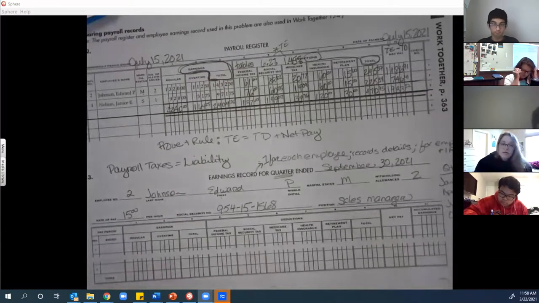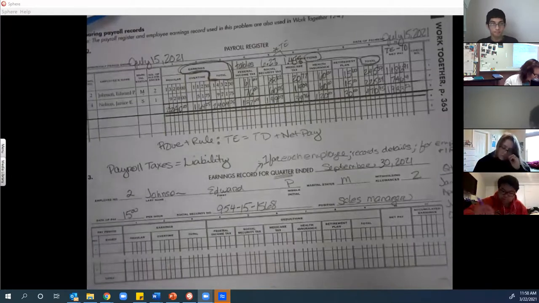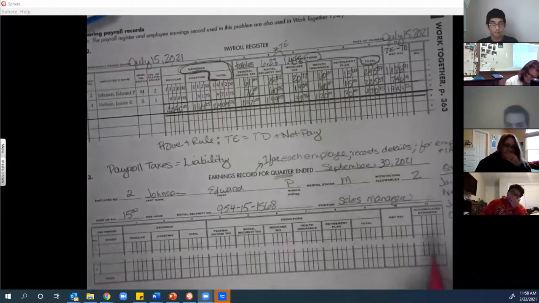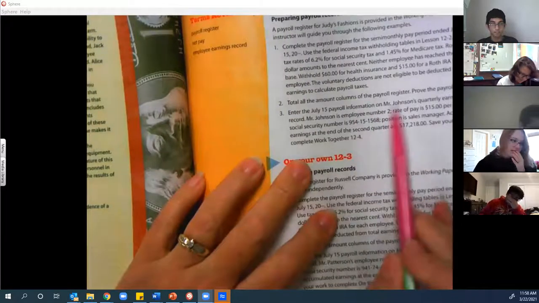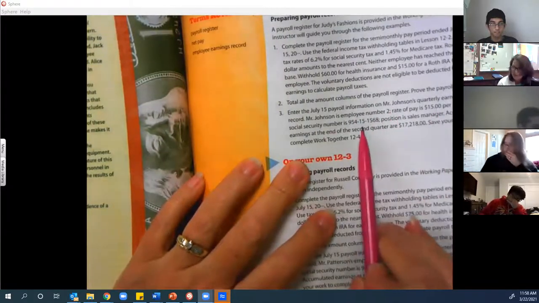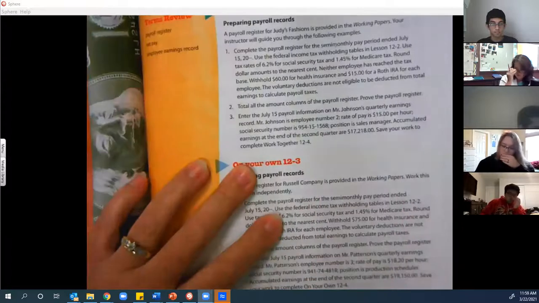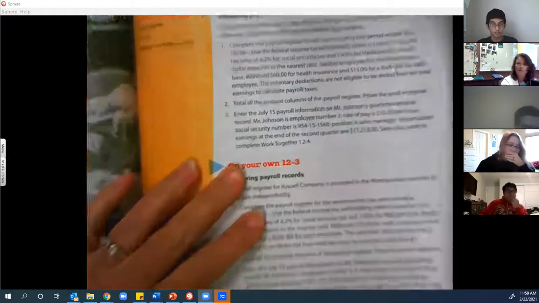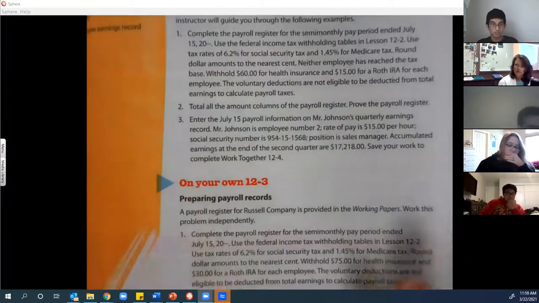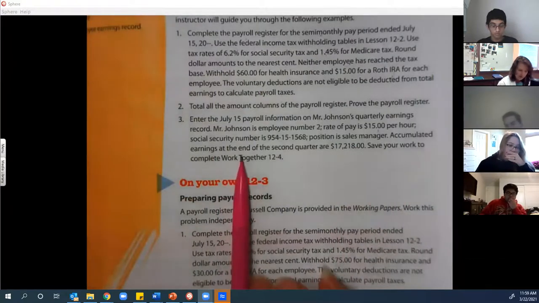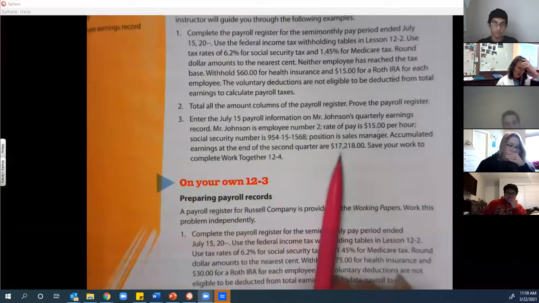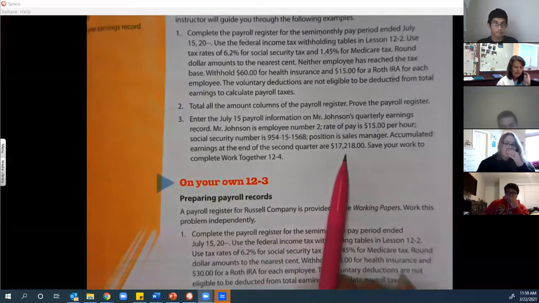Okay, I'm going to show you this in the book. And then it says accumulated earnings at the end of the second quarter are 17,218.